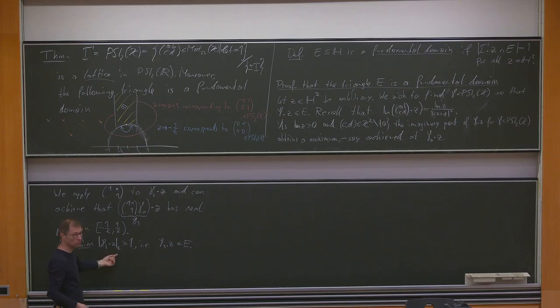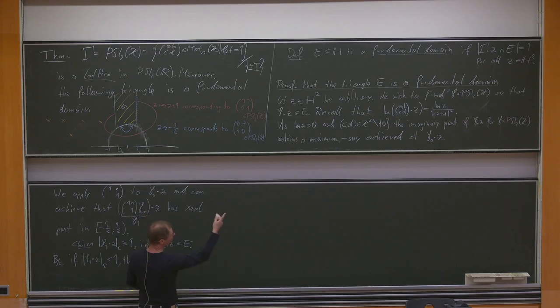Okay. Why is that true? Well, if it's not true, we get a contradiction. Because if gamma 1 applied to Z has norm less than 1, then the imaginary part of, I'll explain it in writing, in a picture, but it doesn't quite follow from this formula up there.